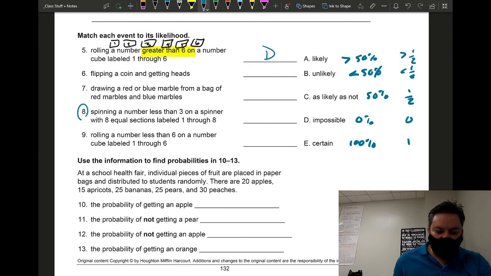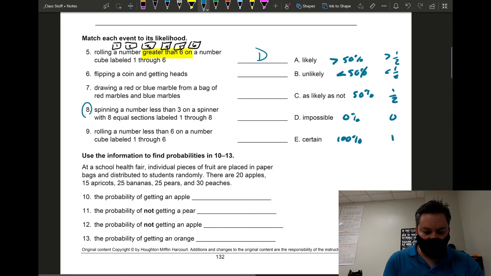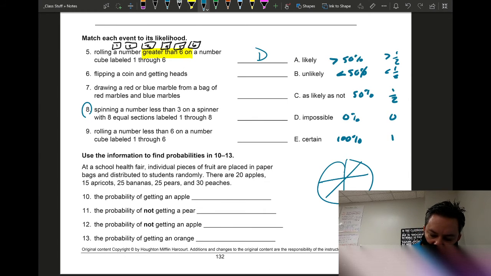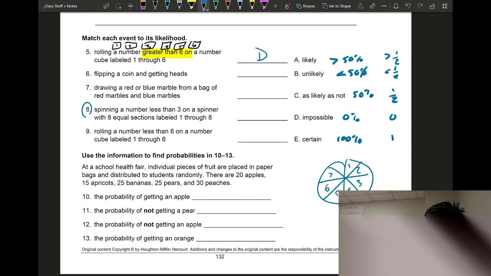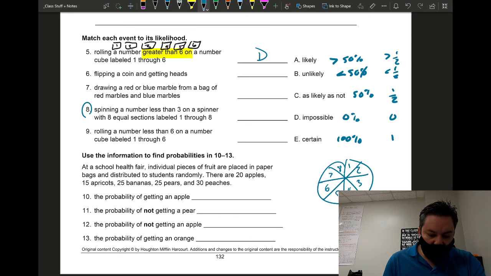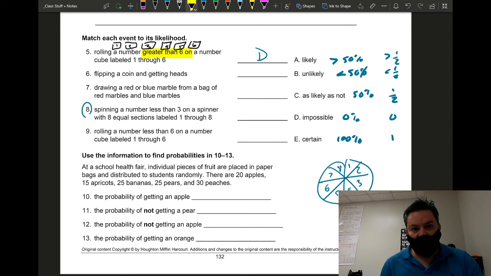Let's look at this one. Spinning a number less than 3 on a spinner with 8 equal sections labeled 1 through 8. So I have a spinner: 1, 2, 3, 4, 5, 6, 7, 8. A number less than 3. Am I including the 3 in there? No, right?